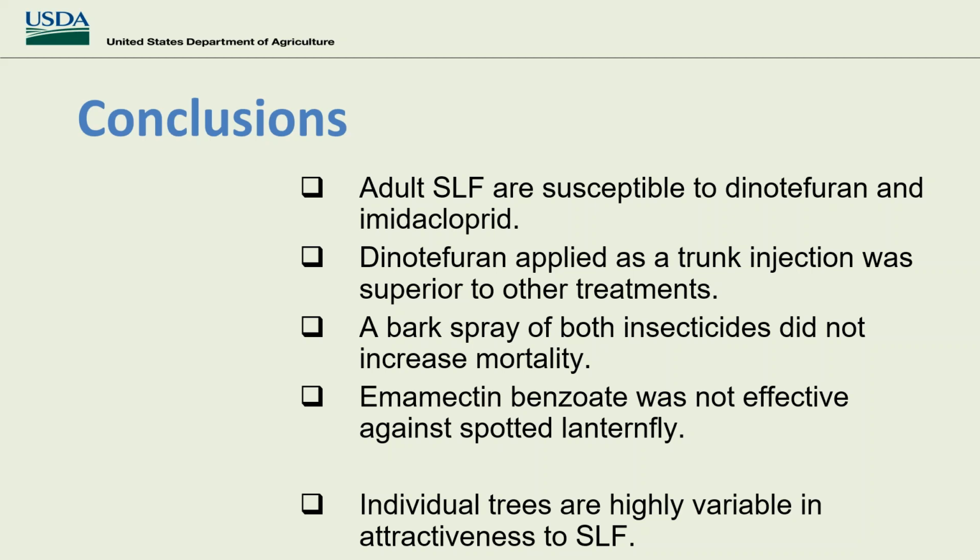And as I mentioned just a minute ago, individual trees are highly variable in how they are attracted to the lanternfly. There were certain trees that were very attractive, and that threw off statistics as well as along with the numbers of insects that were coming in. But clearly there's some factor that the insects either they're visually attracted to infested trees with other insects on them, or there's something that retains the insect to those certain trees.